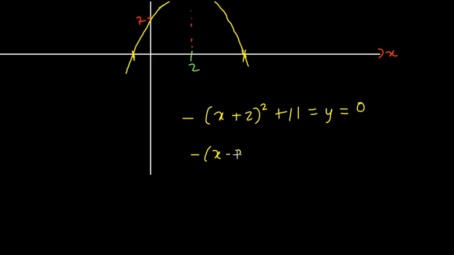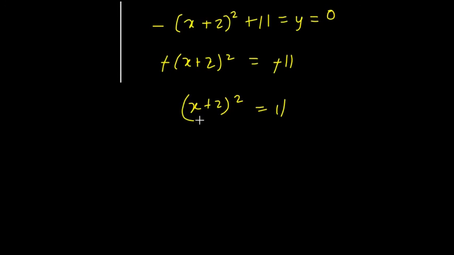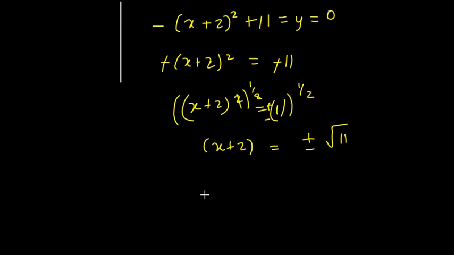Now we have minus (x plus 2) squared is equal to minus 11, and now the negatives cancel out, so we have (x plus 2) squared is equal to 11. To remove the square here, we take plus or minus the square root of 11.